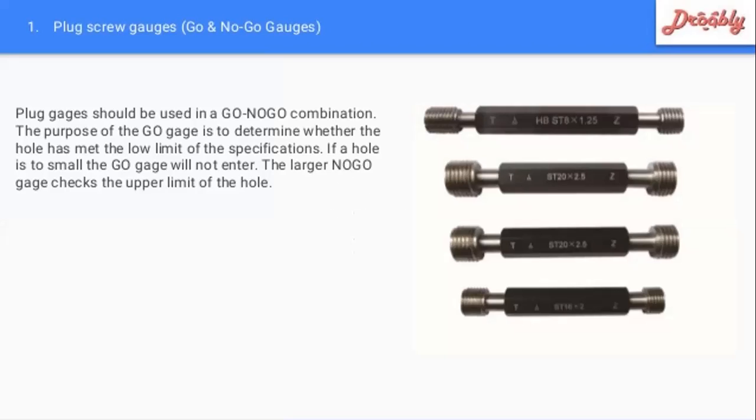The purpose of the go gauge is to determine whether the hole has the lower limit of the specifications or not. So it is used to check with the go and no go gauge.